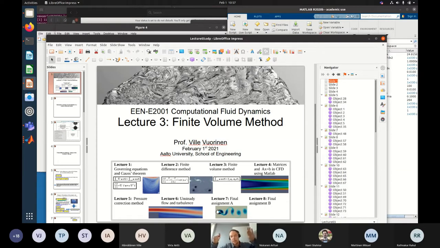The color scale is the temperature of the water. That would be an example of conservation of thermal energy. So temperature is convected and diffused according to exactly the equation that I just solved. But now it's in 2D, of course. The main idea is the same. Temperature is heating the water, and this water is transporting this temperature and the heated water. So basically, this is the thermal energy transport problem.